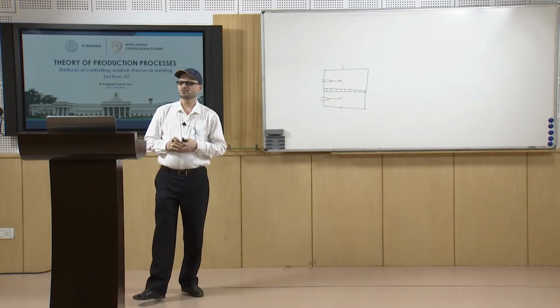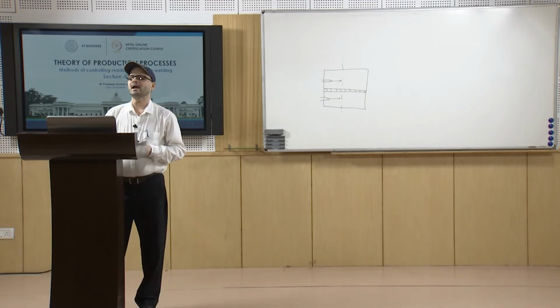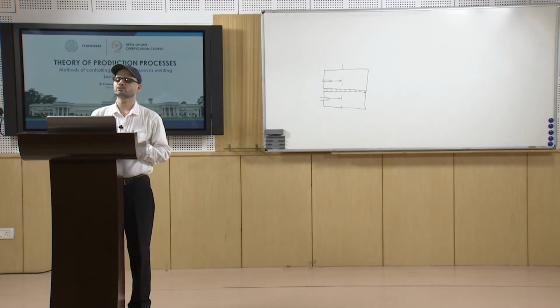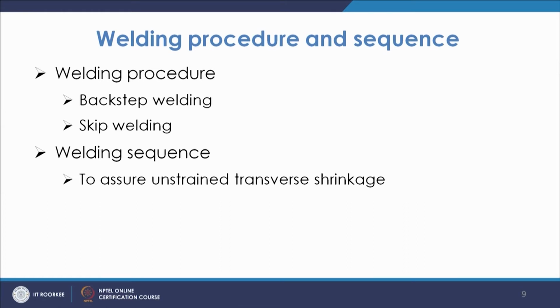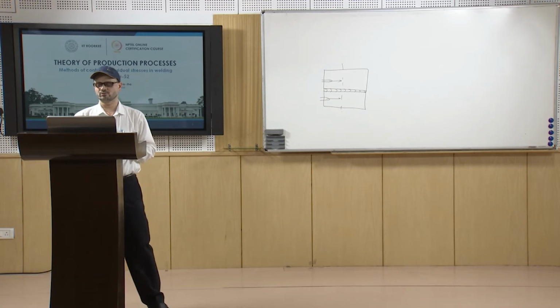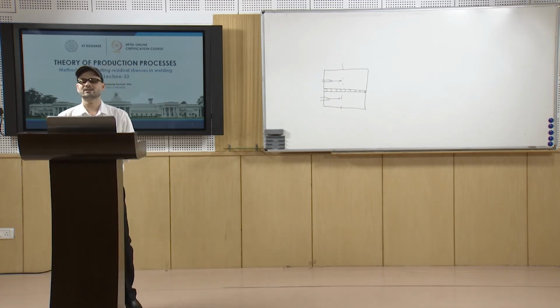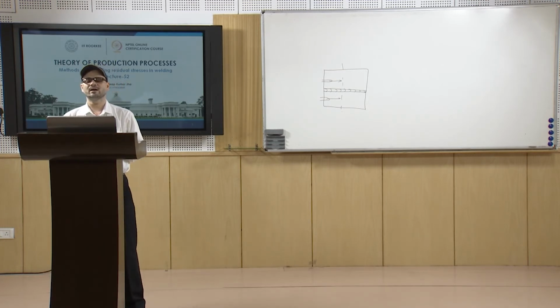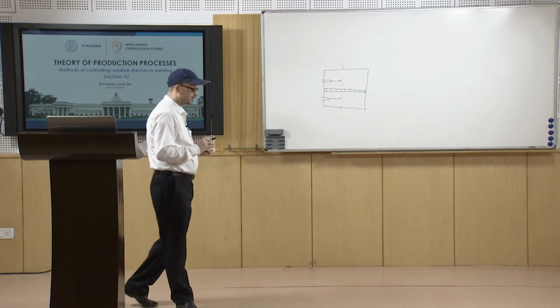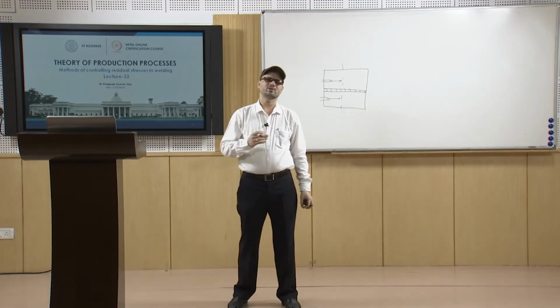Now, we look to the other processes, like welding procedures and the welding sequence. What is the welding procedure which will give you a lower value of the residual stresses? Normally what is seen is that you use backstep welding and skip welding, as we know from when we studied these welding processes.